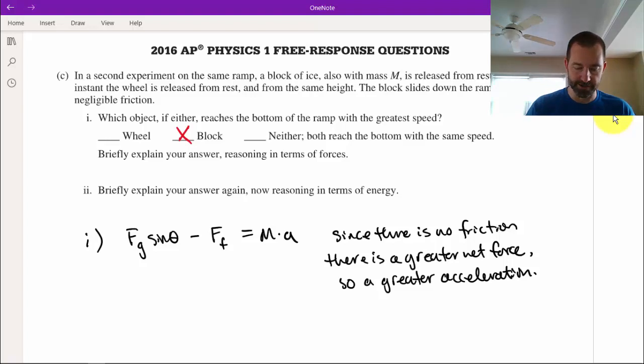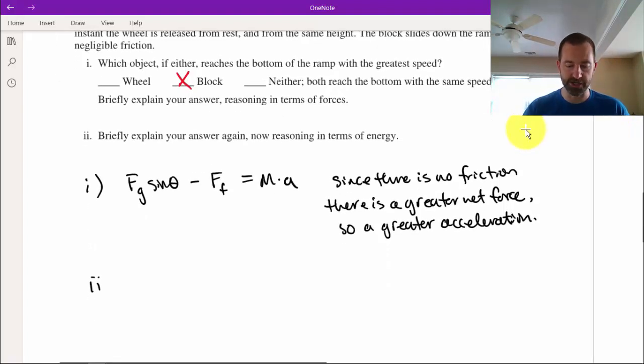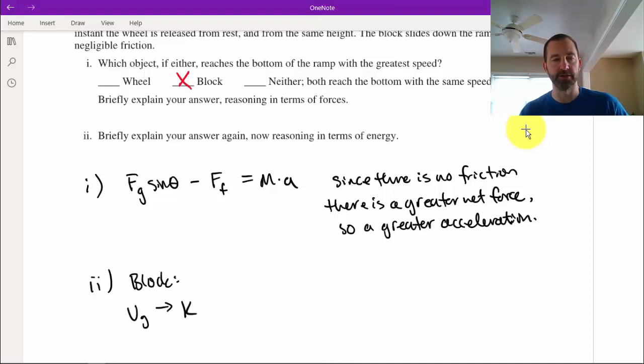Now, in terms of energy, this is where it gets a little bit more interesting, and you have to worry about the rotational dynamics. For the block, we're going to have potential energy turns into kinetic energy. Done. That's it. It's simple.